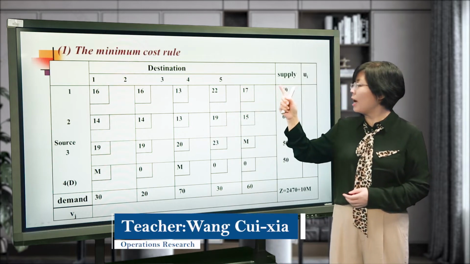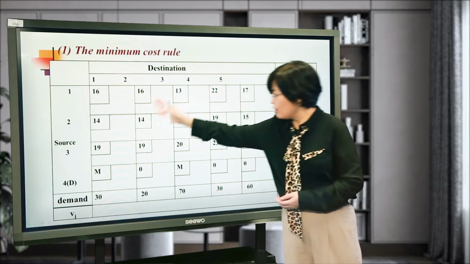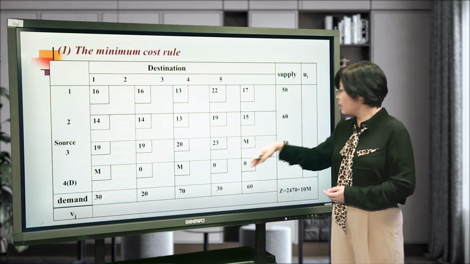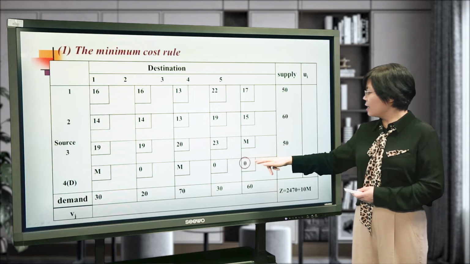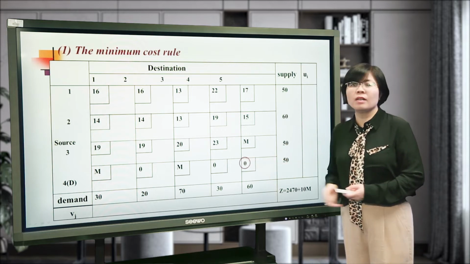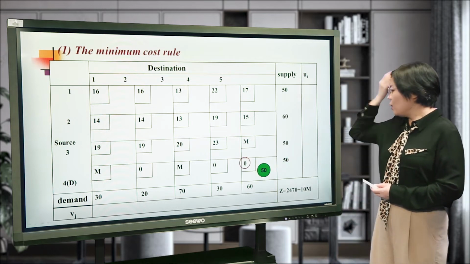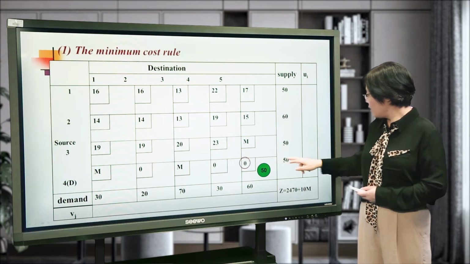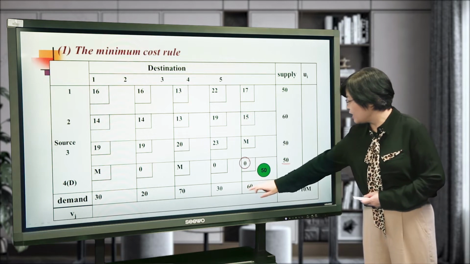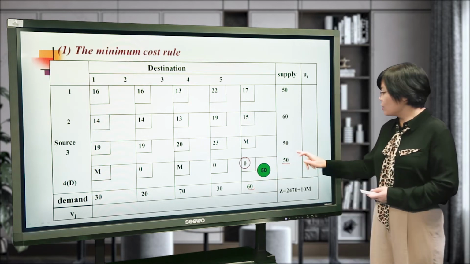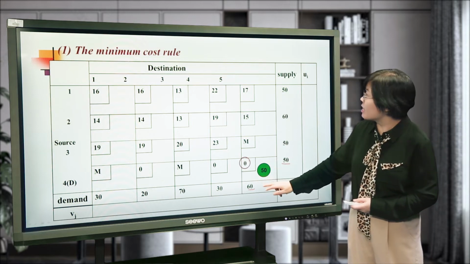With the idea of the minimal cost rule, first we look at all the costs and find that the minimal cost here is 0. So we allocate 50, because it can supply 50 and it needs 60. So we can only give 50 to this destination.